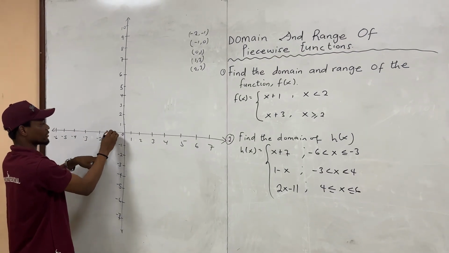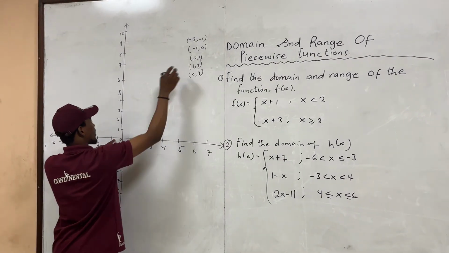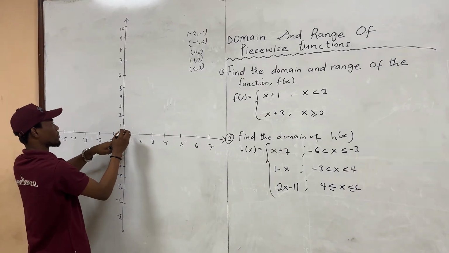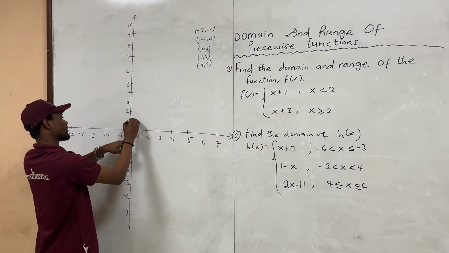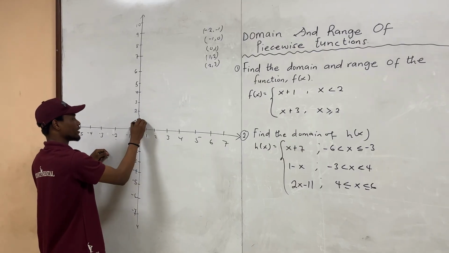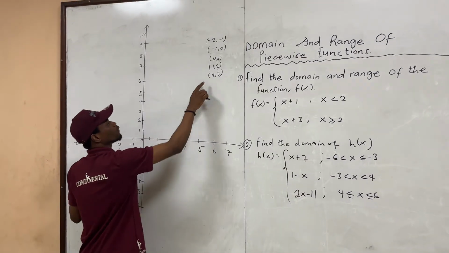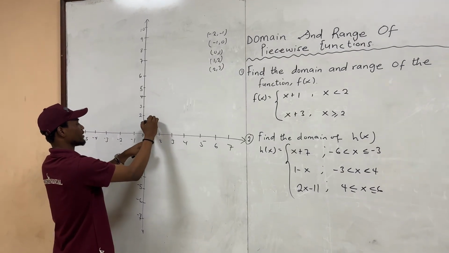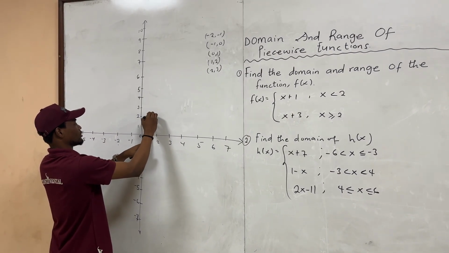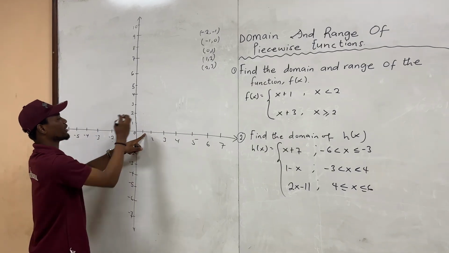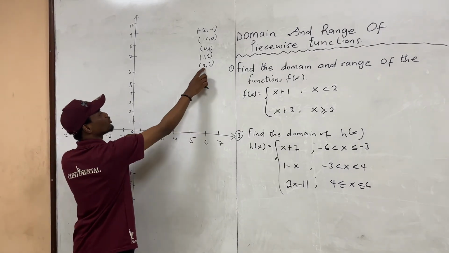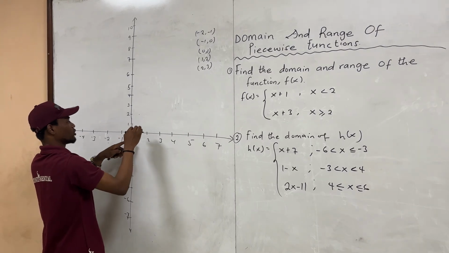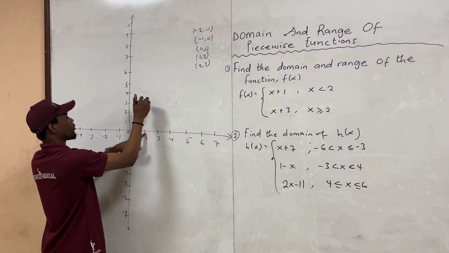Then 0, 1, somewhere here. Then 1, 2, somewhere here. Then I have 2, 3. Where is 2, 3? This is 2 and 3, somewhere here.